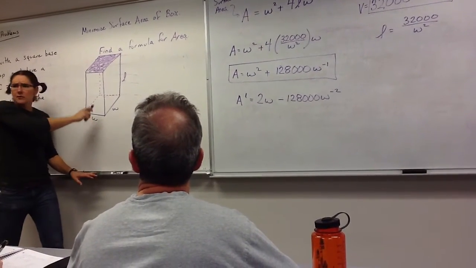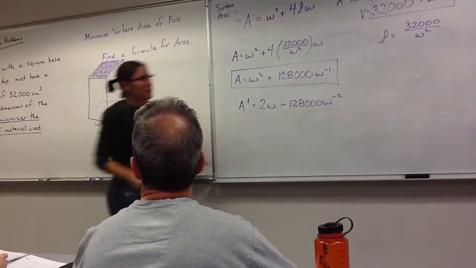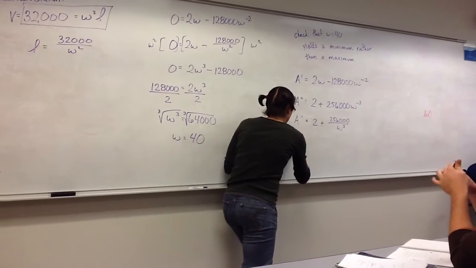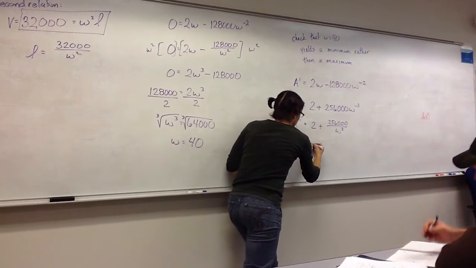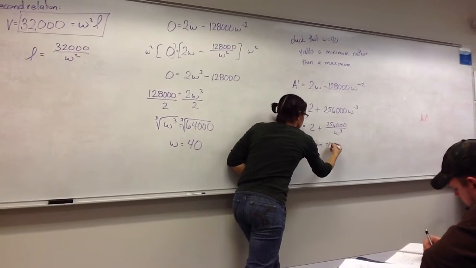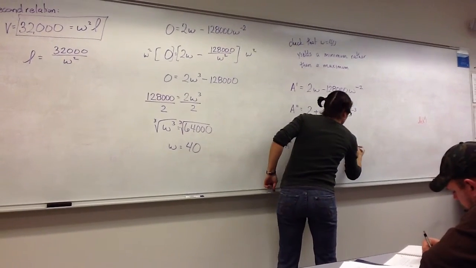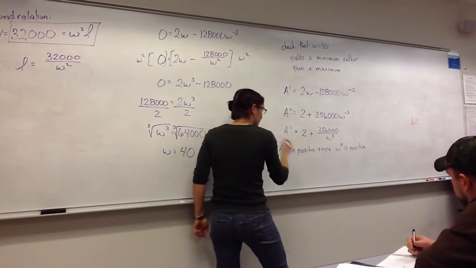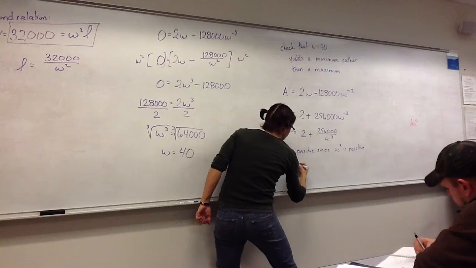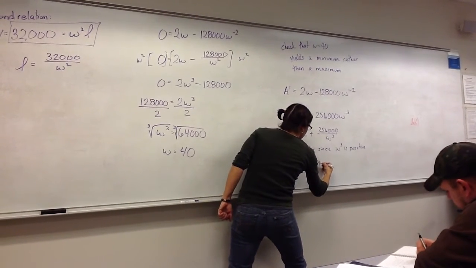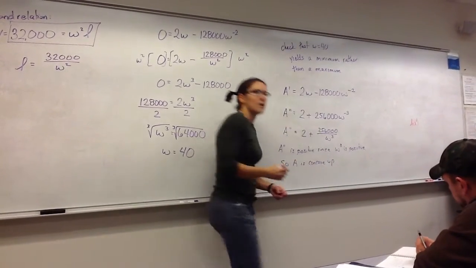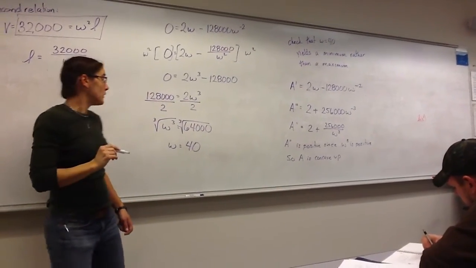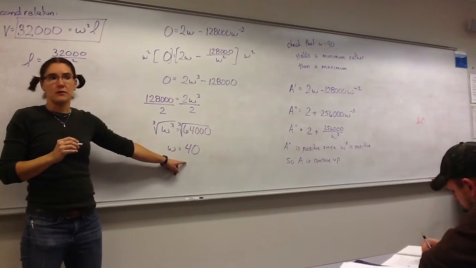So W is always a positive number, which makes A double prime always positive. A double prime is positive, so A is concave up. So the shape of our graph is an upward-facing bowl, which means that our value of W is going to be a minimum.